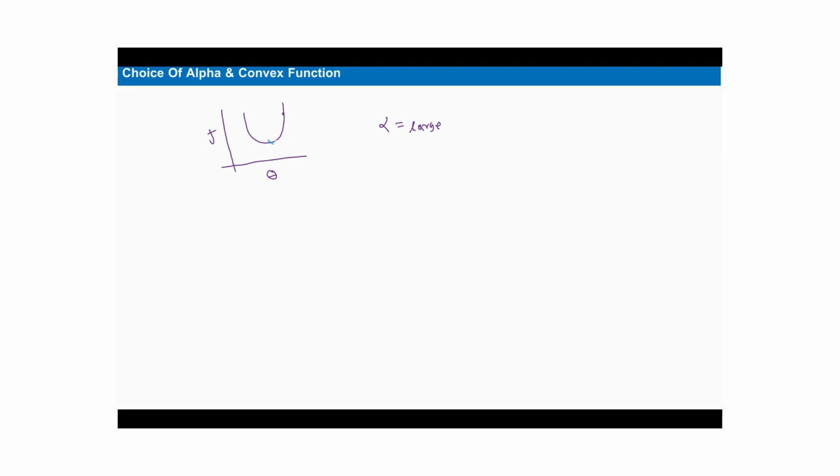Suppose this is your global minimum, but because of the large alpha it will take large steps, these steps, then these steps, then again these steps. It may overshoot the global minimum and never reach this point.